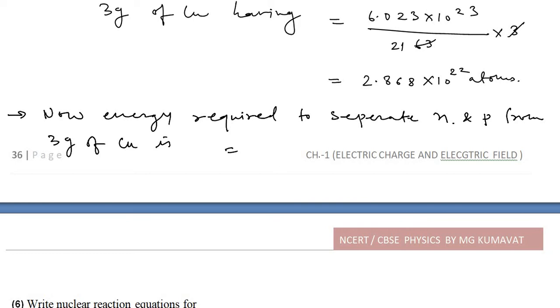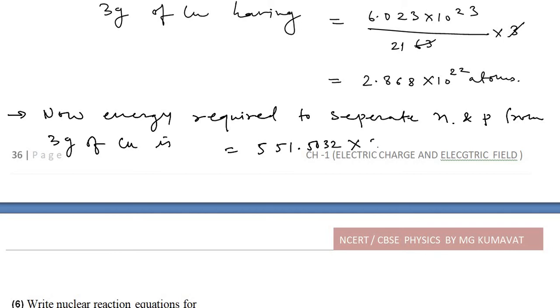The energy required to separate neutrons and protons from one atom is equal to the binding energy of one copper atom, that is 551.5032 million electron volt.